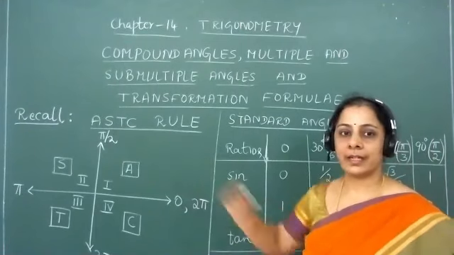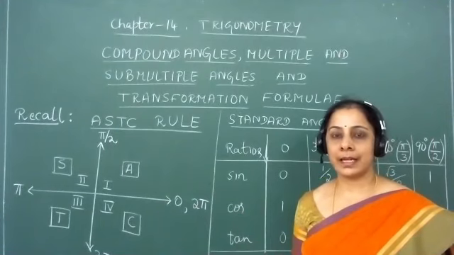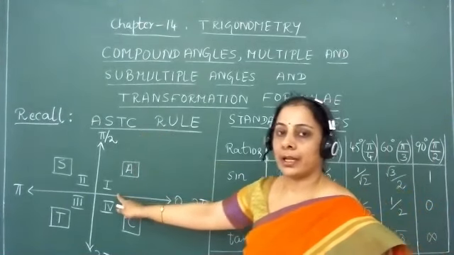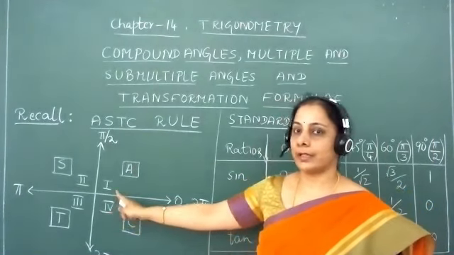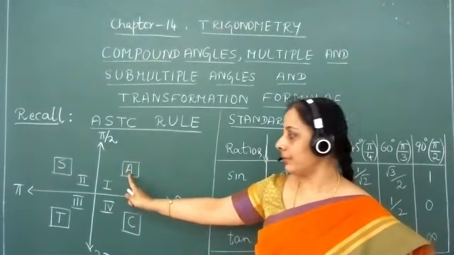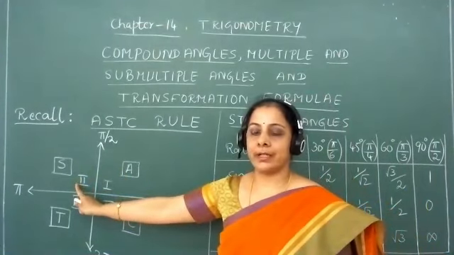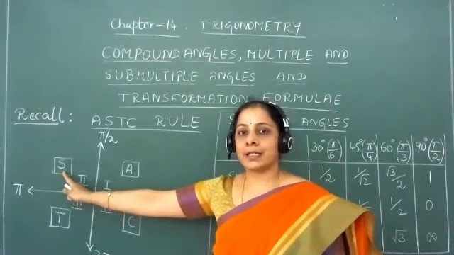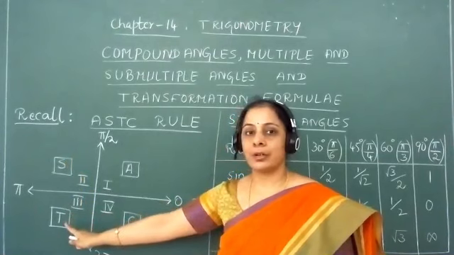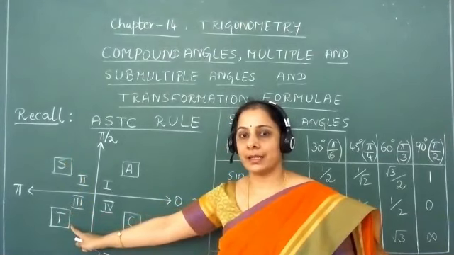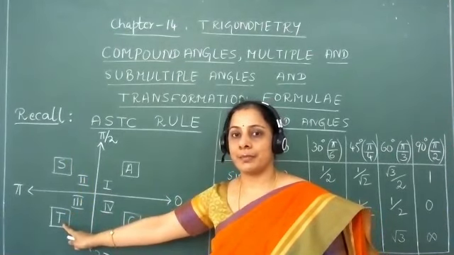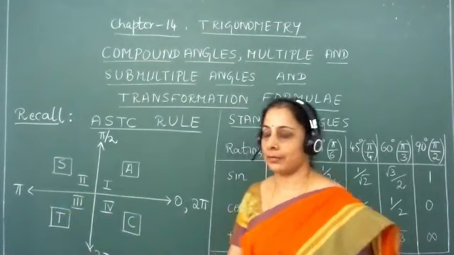So here we recollect first of all the ASTC rule, which stands for angles lying in the first quadrant. For all such angles, trigonometric ratios will be positive. In the second quadrant, only sine and its reciprocal, that is cosecant, will be positive. For angles lying in the third quadrant, you will have only tan and its reciprocal, that is cot, to be positive.